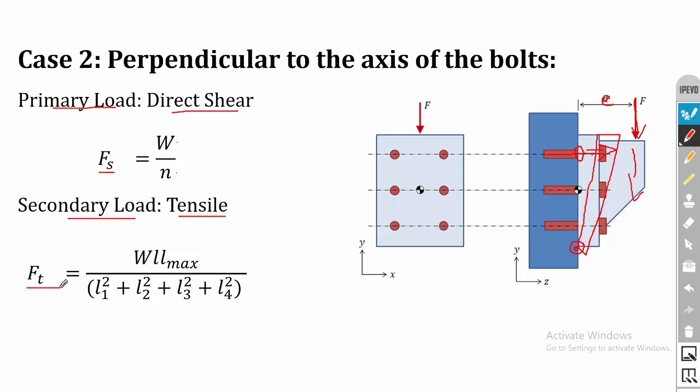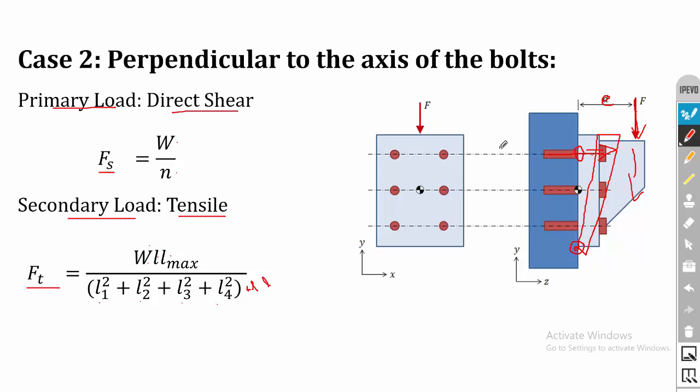So the secondary load is a tensile load, and you can use the same equation as in the previous case, that is Ft equals W L L max divided by L1 square plus L2 square plus L3 square plus L4 square. If you have another two bolts, you can add L5 square and L6 square, based on the number of bolts.